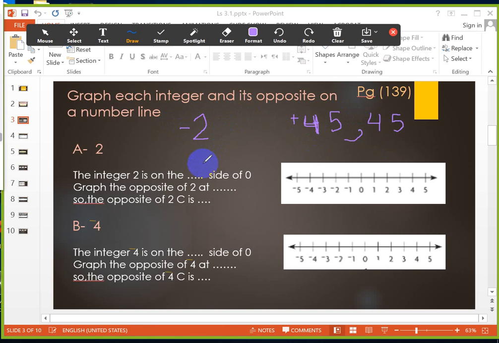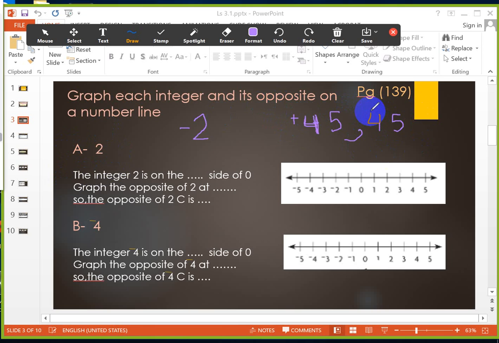Yes, Farah. The answer is yes. Farah asked me, teacher, if I have a number without a sign, does that mean this is a positive integer? Yes. So if I have 2 without any sign, this is a positive integer, because in a positive integer you can write the plus sign, or you can write the number without a sign.